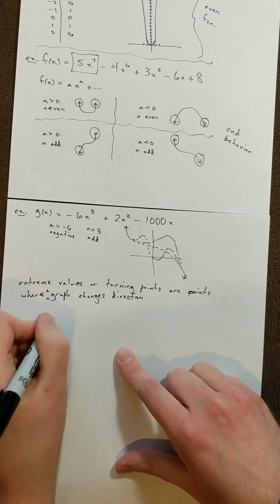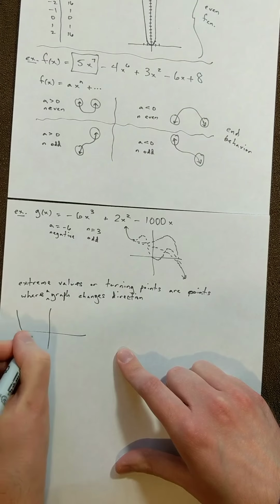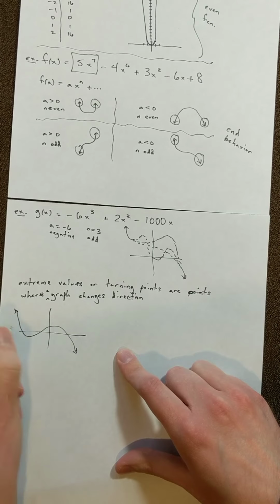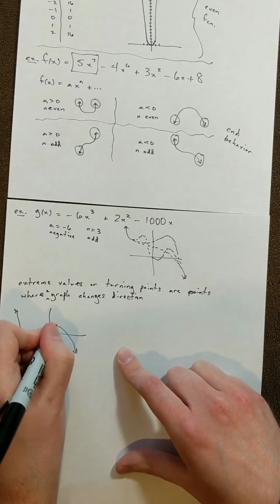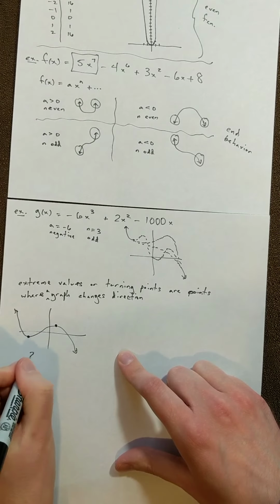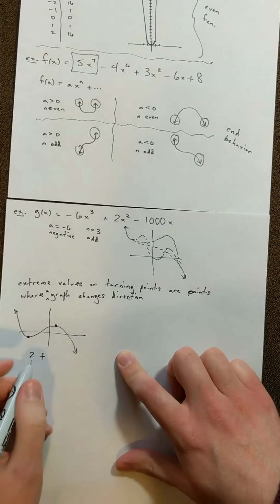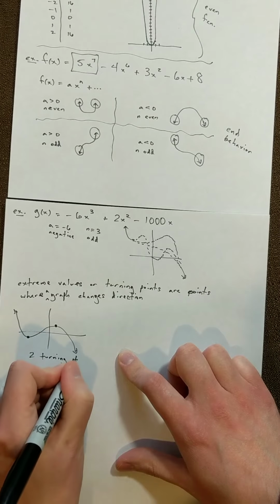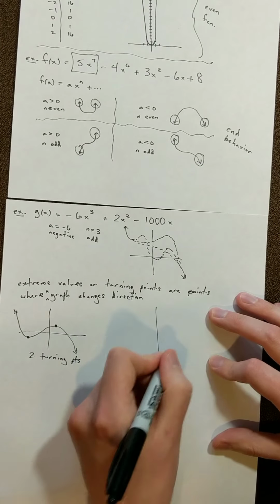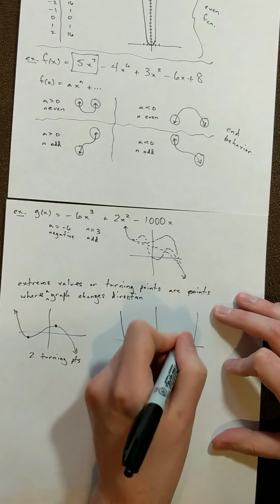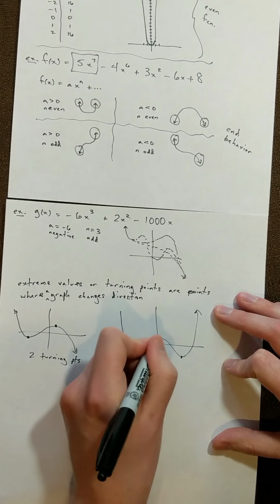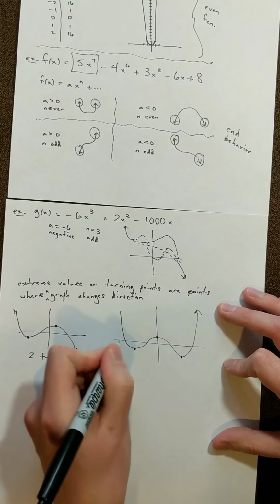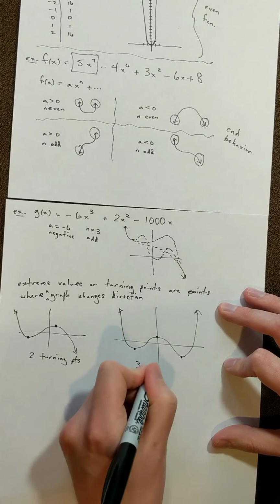Okay, so as an example, this graph is changing directions at two places, so it has two turning points. This graph is changing directions at three different places, so it has three turning points.